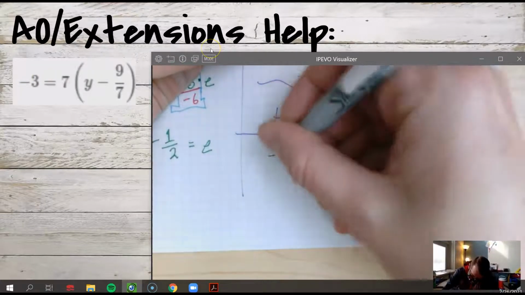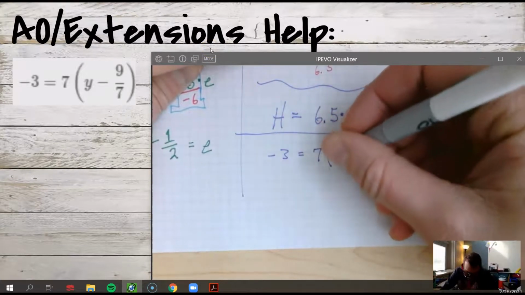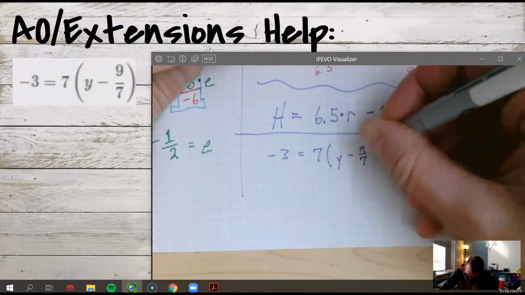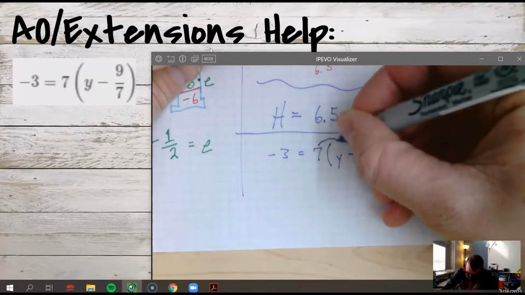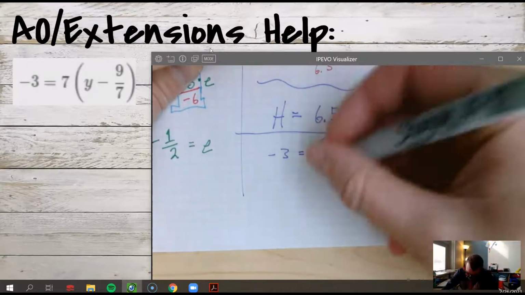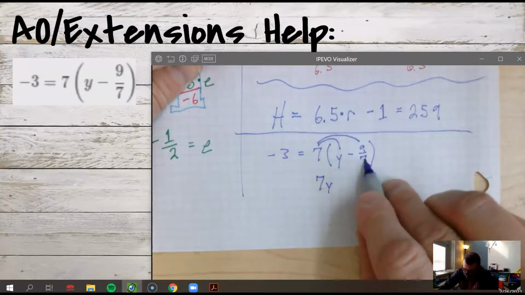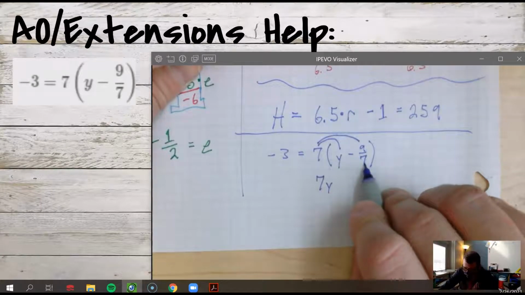what we want to do is do that distribution, and that is actually really conveniently going to make this fraction nicer. Because when we do the distribution, we get 7y, and the negative 9/7 times a 7 actually wipes out that denominator of 7.